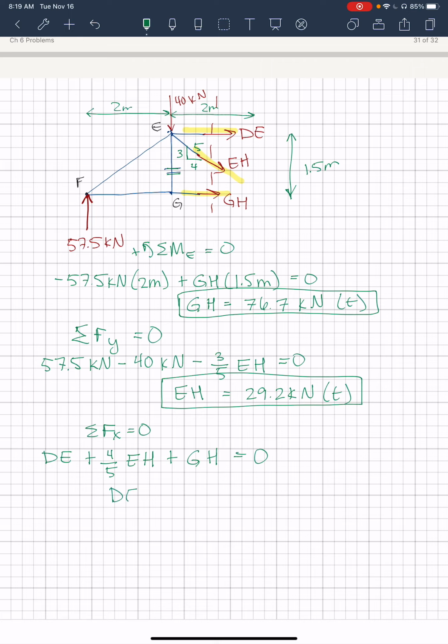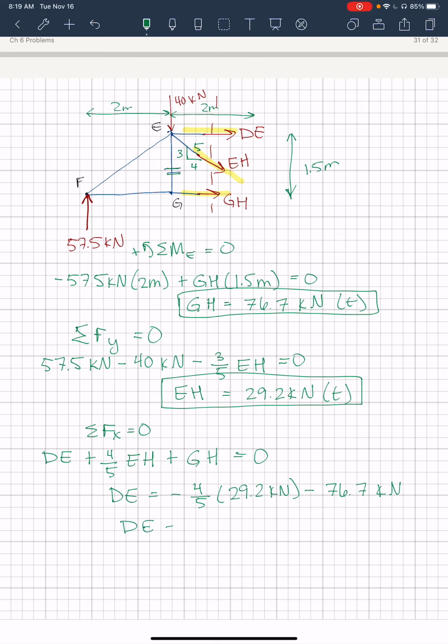So DE is going to equal negative 4/5 of EH, which is 29.2 kilonewtons, minus GH, which is 76.7 kilonewtons.